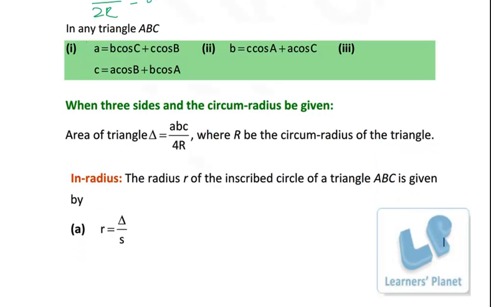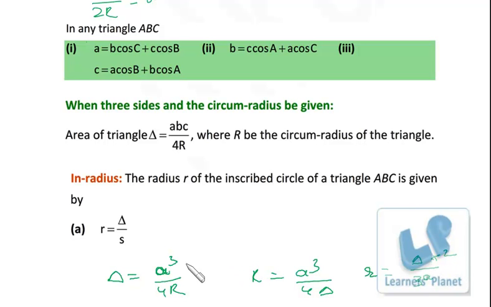Okay, so precisely if it is an equilateral triangle, then the sides A, B, C will all be equal. So area is equal to A cube by 4R. Or you can say circumradius will be equal to A cube upon 4 times the area of the triangle, right? Similarly, the inradius is equal to the area of the triangle by the semi perimeter. So if all 3 sides are equal, the semi perimeter will be 3A by 2, right?